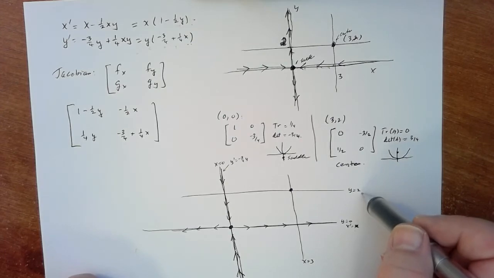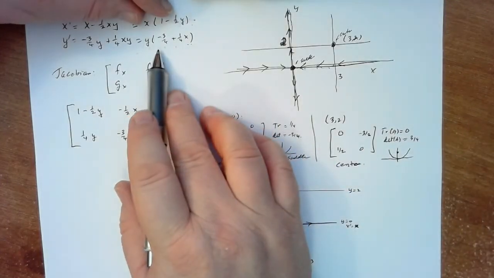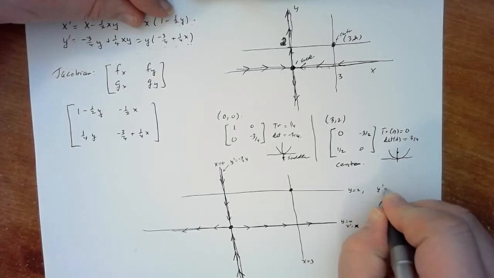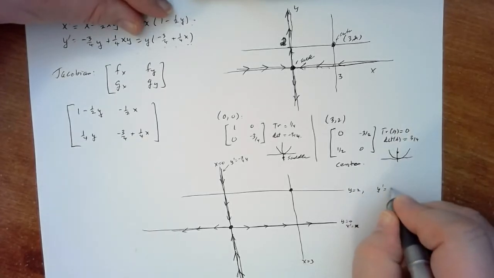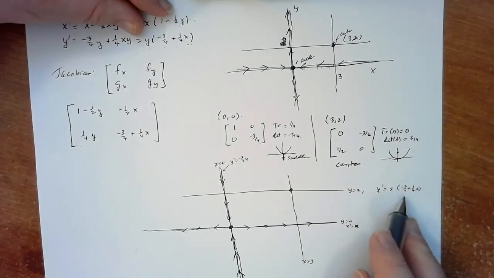What's happening there? Y equals 2 takes x prime equal to 0. Right? And then if you plug that into the second equation, what do you get? Y prime is equal to, well, it's just going to be 2 times minus 3/4 plus 1/4 x, right?